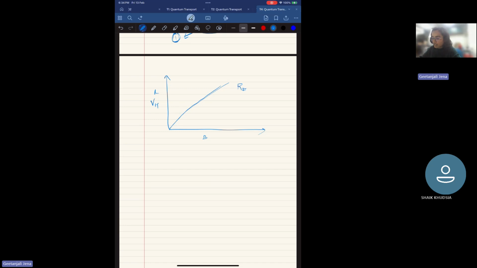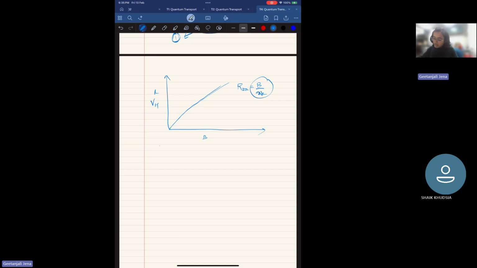If you recall, Rxy is given by B by Ne. This is for the case where we have a low magnetic field. For low magnetic field, scattering will happen, so because of the scattering it will be a linear function of B. But when we apply a strong magnetic field, the scattering will be suppressed.